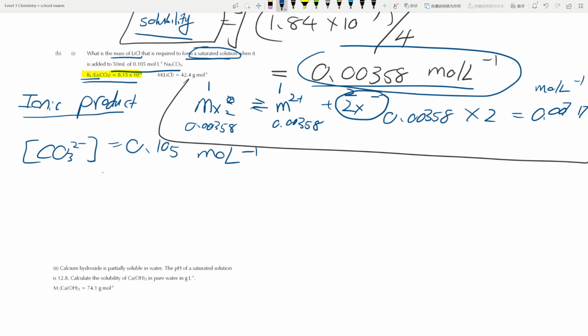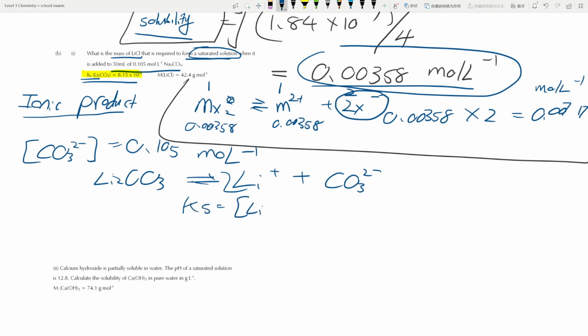If you get confused, just write this equilibrium, and if you can't write that, then you really have to go back to the basics. Then Ks equals [Li+] squared multiplied by [CO3 2−]. This is the absolute basic, so you should be able to write this particular equation.